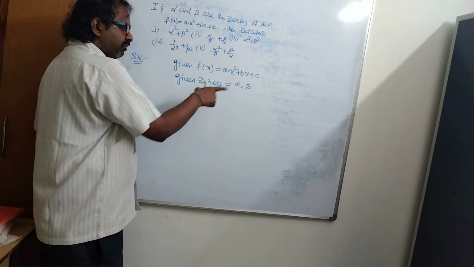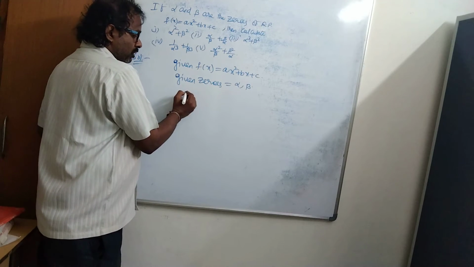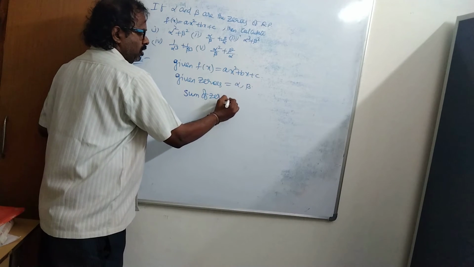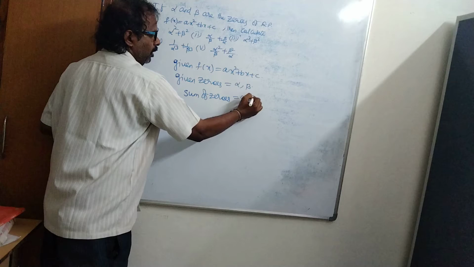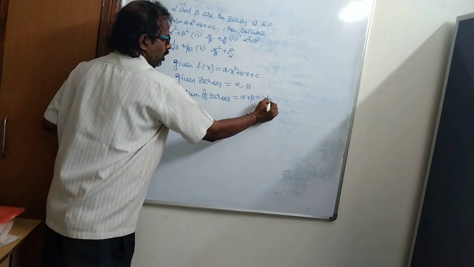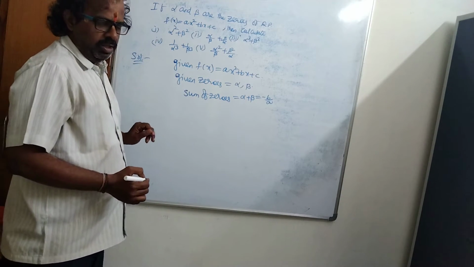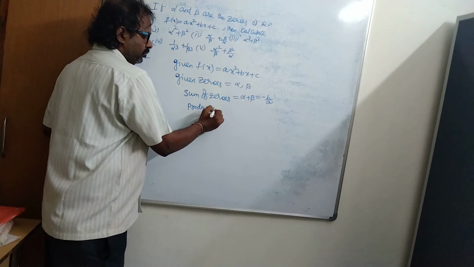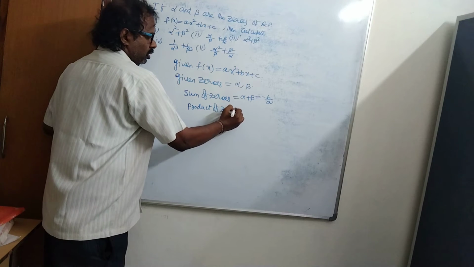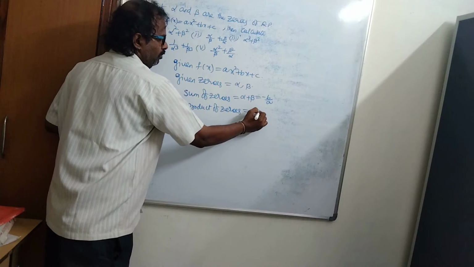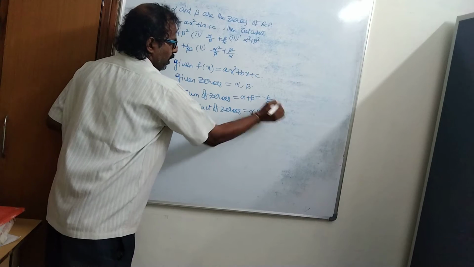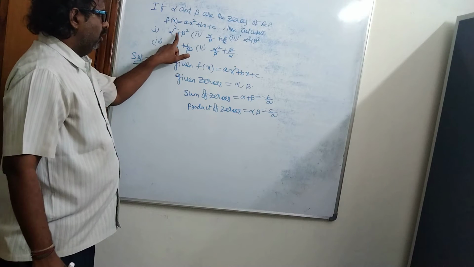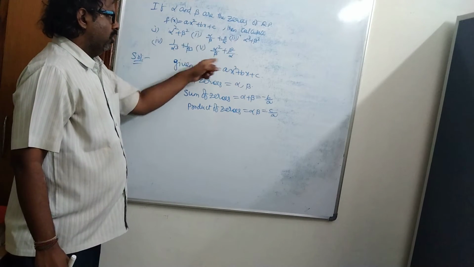Now after writing the zeros, as I already told you, the sum of zeros is alpha plus beta is equal to minus b by a. Next, product of zeros is alpha beta, that is c by a. Now by making use of these two we will calculate all five values.